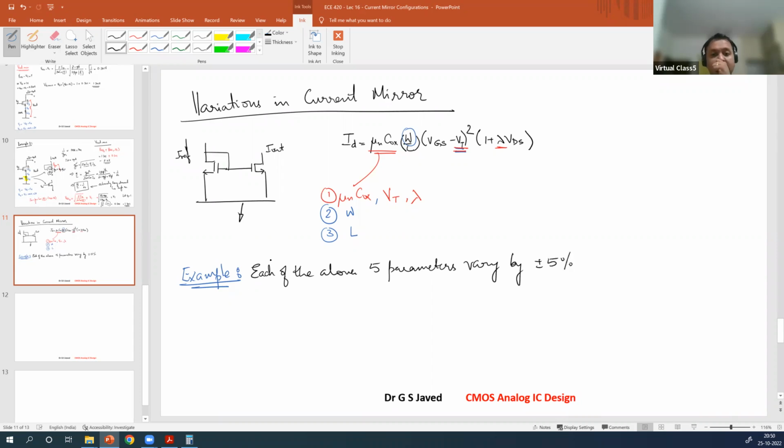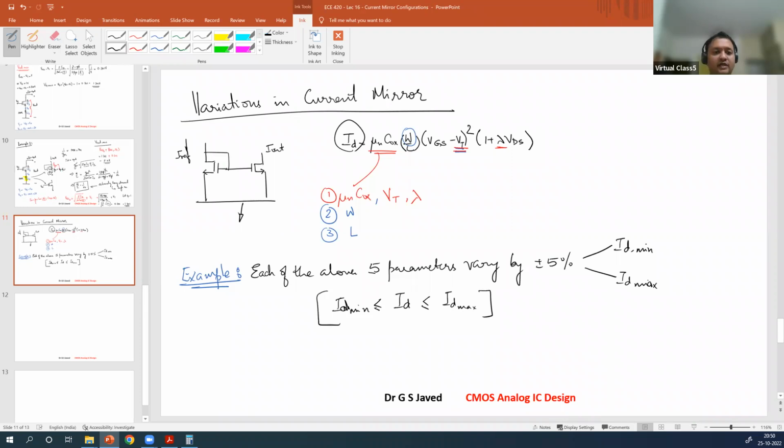Okay, what does it happen? So how do you vary? You will try and find out what is ID. So find out what is ID min and ID max, right? What is the range of the ID which this needs to get satisfied? So ID will now have a range, ID min and ID max with respect to these 5 parameters.